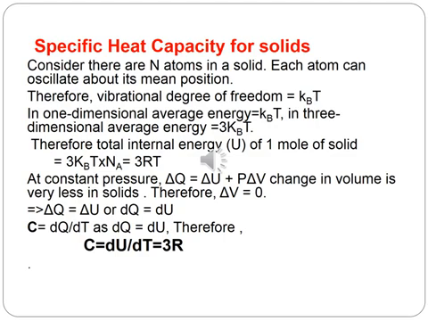So, delta Q is equal to delta U, or dQ is equal to dU. Then, at constant pressure, specific heat capacity Cp is equal to dQ by dT. As dQ is equal to dU, Cp will be equal to dU by dT, which is 3R. So, Cp is equal to Cv is equal to 3R.